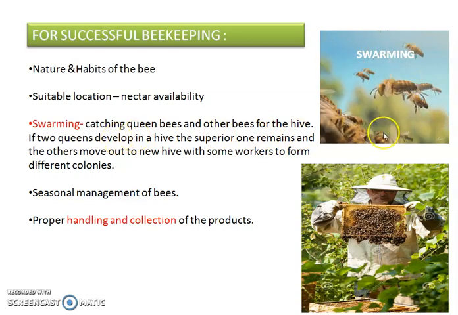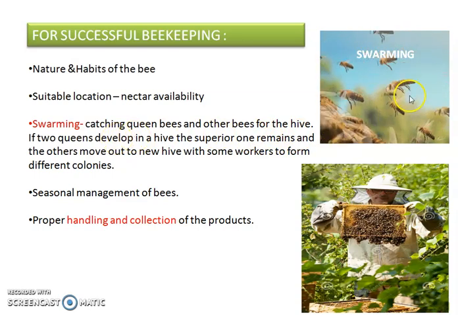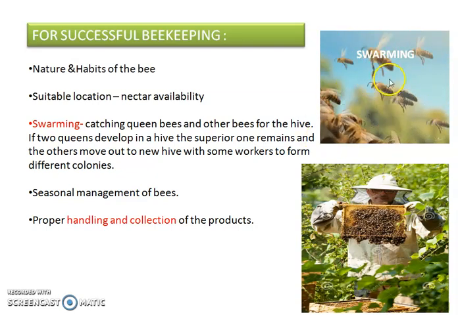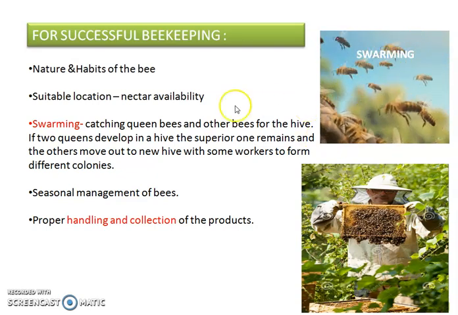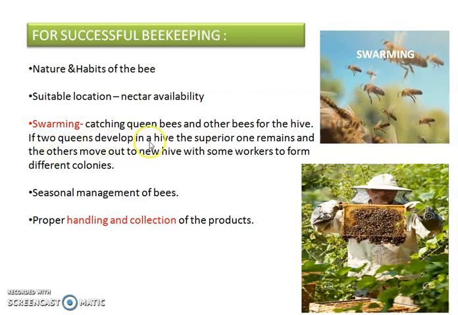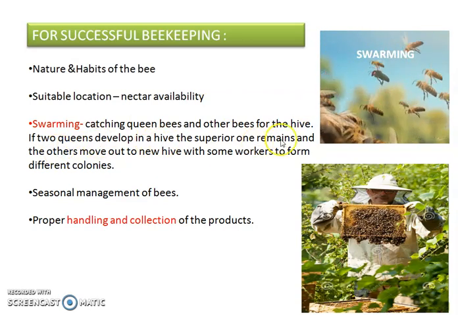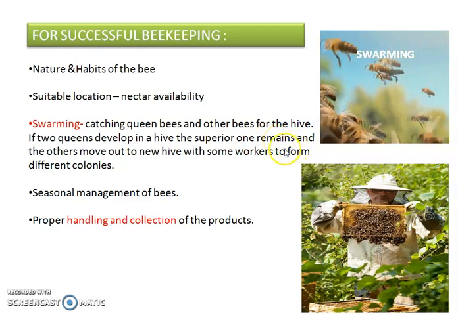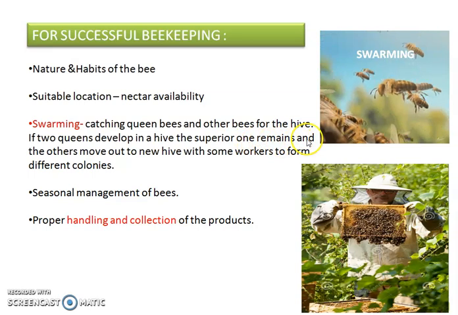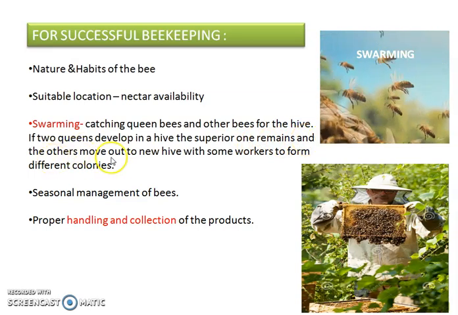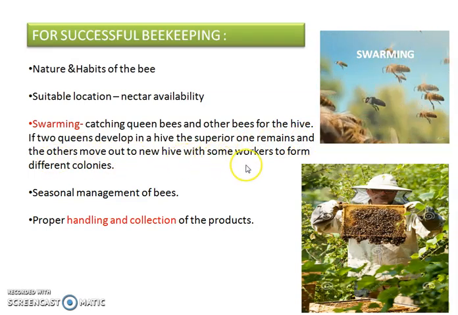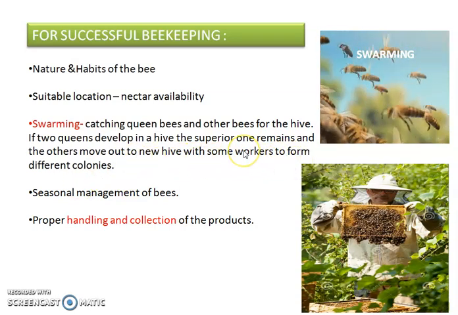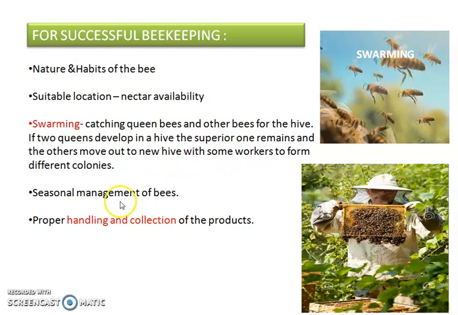So this is how a new hive is introduced with bees. This thing shown here is a swarming process. If two queens develop in a hive, the superior one will remain there. Suppose two queens develop simultaneously, only one will remain, one queen only should be there, and the others have to move out to a new hive with some workers and other bees to form different colonies. That also is a process of swarming, finding new hives.